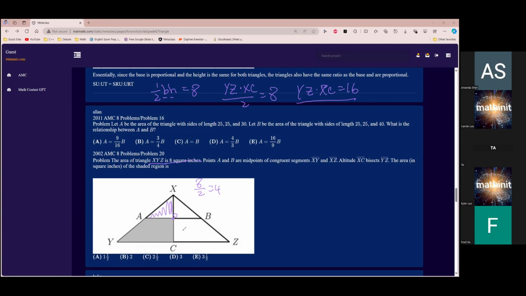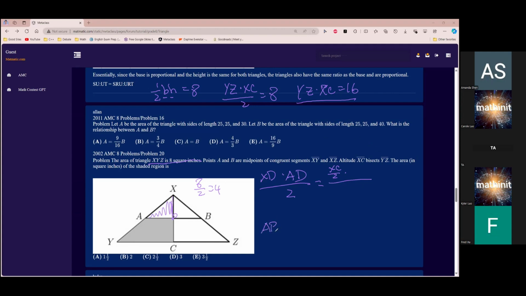So in order to find XAD, you're essentially doing XD times AD divided by 2. But you know that this side length over here, XG, is equal to half of XC. And you know that AD is 1/4 of YZ.